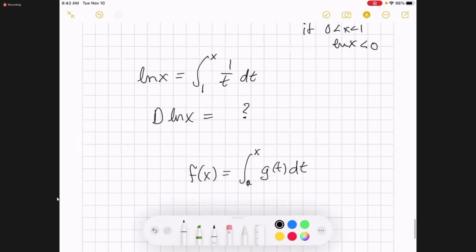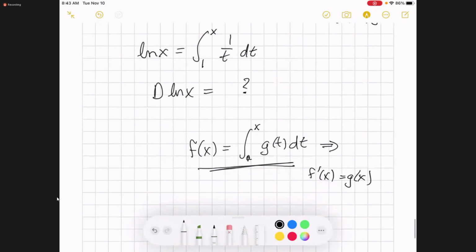If you define a function in this way, we said that f prime of x was equal to g of x. That was part 1 of the fundamental theorem.